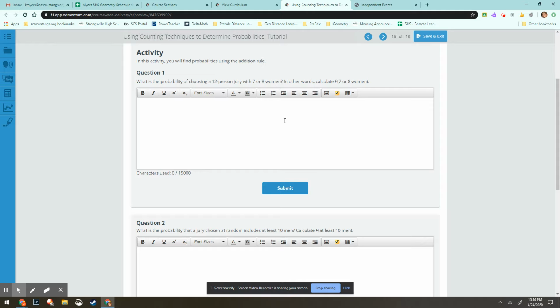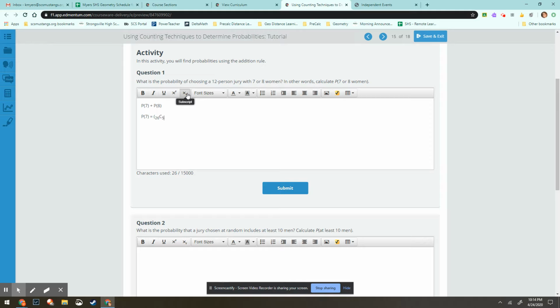Okay, so what we have to do is find the probability of 7 women and then add that to the probability of 8 women. So we're going to find the 2 probabilities individually and then add them together. Now for the probability of 7 women, if there's 7 women, that means that there are 5 men, right? And if you remember, there were 26 men to start with.